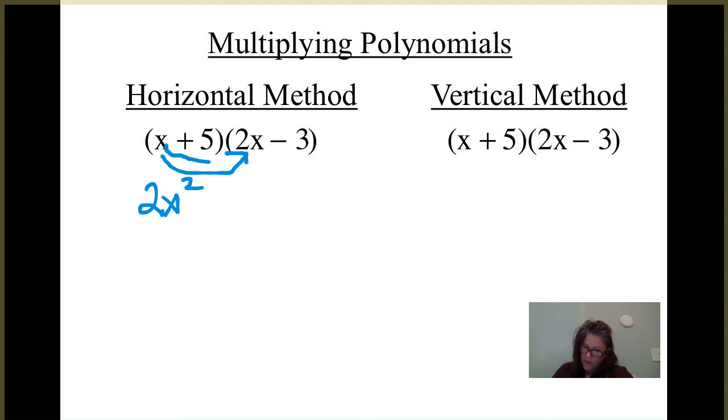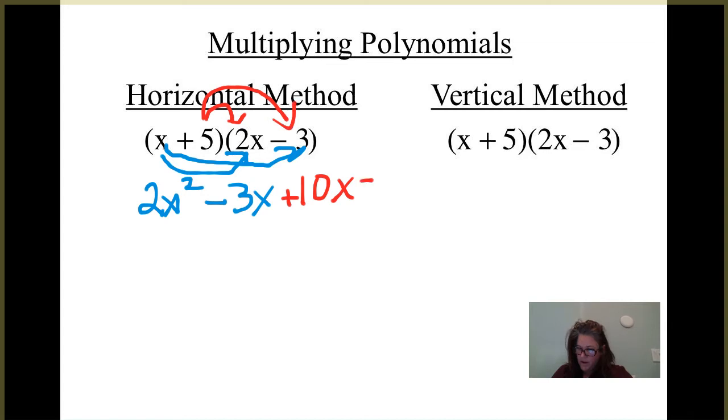Now I'm going to multiply x times negative 3, and I end up with minus 3x. Just remember, I'm double distributing. Now I'm going to multiply positive 5 times 2x, and I get plus 10x, and positive 5 times negative 3, and I get negative 15.